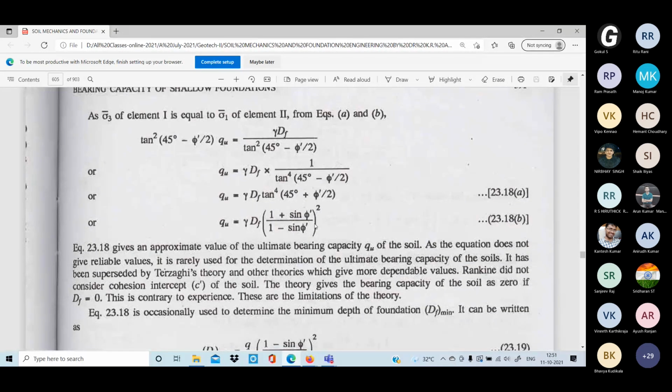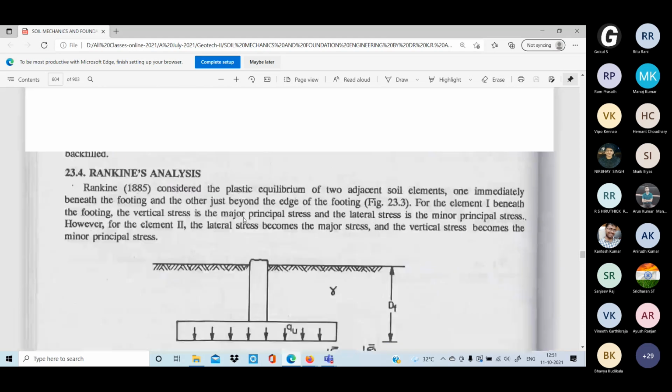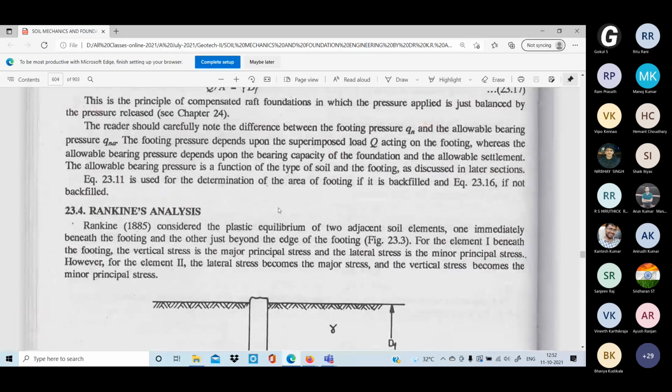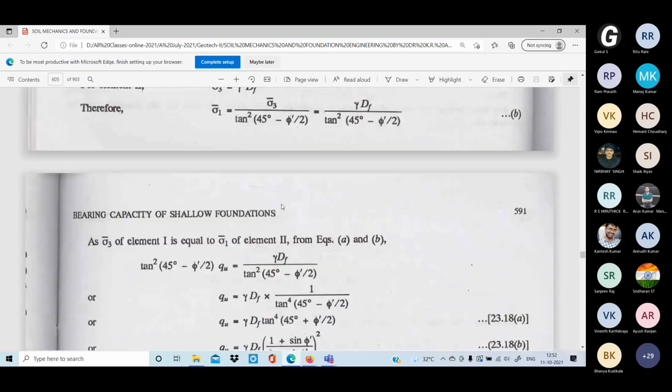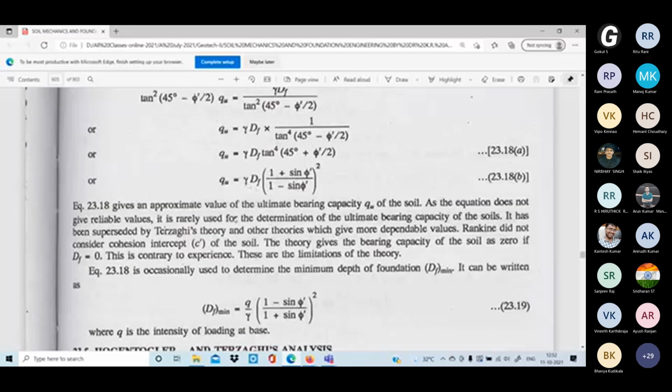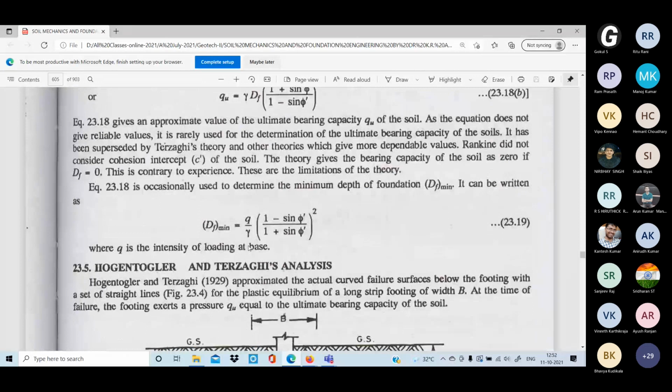Once the ultimate bearing capacity is given, based on Rankine's theory, how we can find the depth of the foundation. This particular formula is very important.